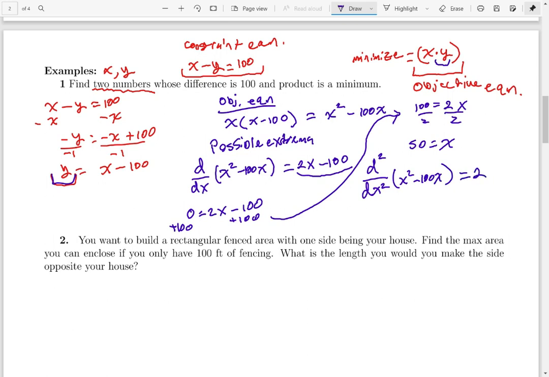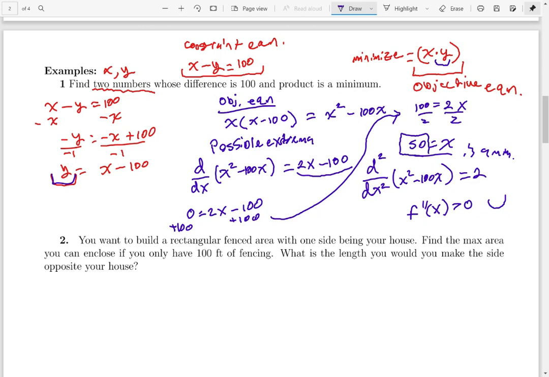Well, my second derivative is positive. Since my second derivative, f double prime of x, is positive, then I guarantee that this is concave up, which is good because that means that this is a minimum. Great, that's exactly what I wanted. I wanted to minimize my product. And so 50 is part of my answer.